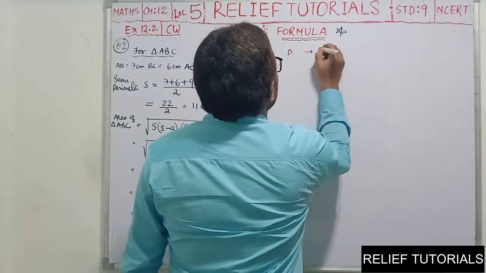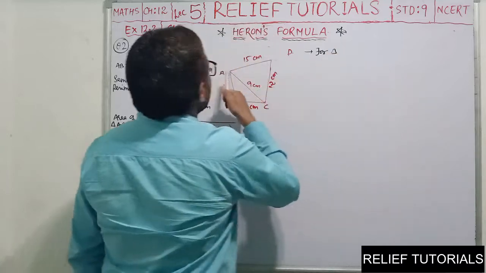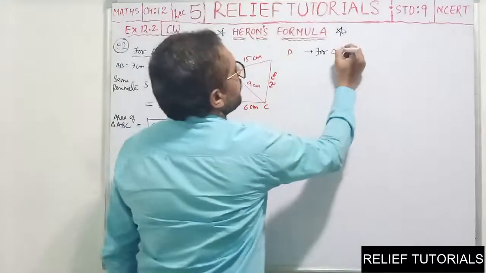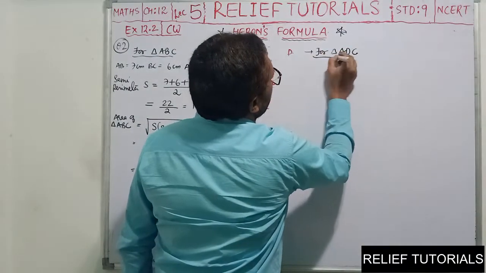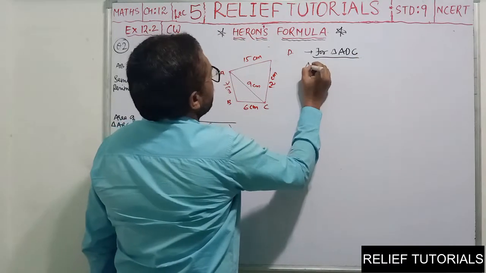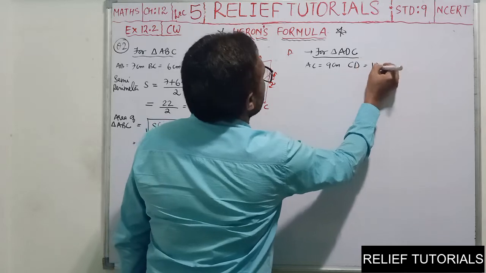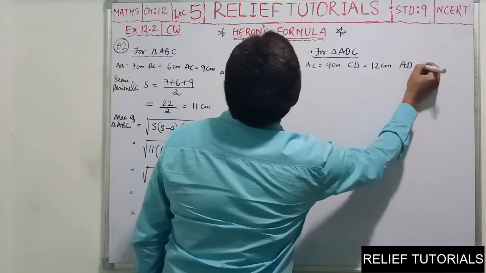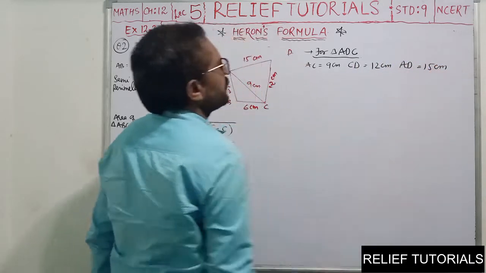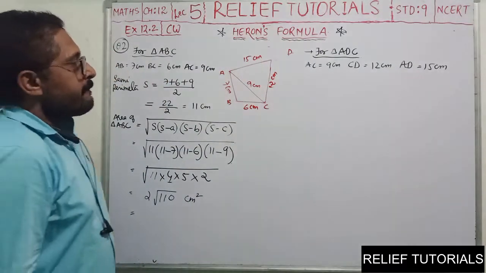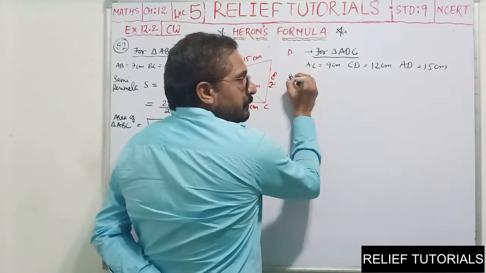Now for triangle ADC, what we have here? AC is equal to 9 centimeter, CD is equal to 12 centimeter, AD is equal to 15 centimeter. Now we will find semi-perimeter.